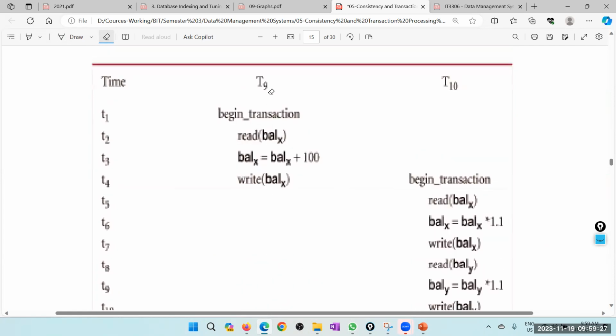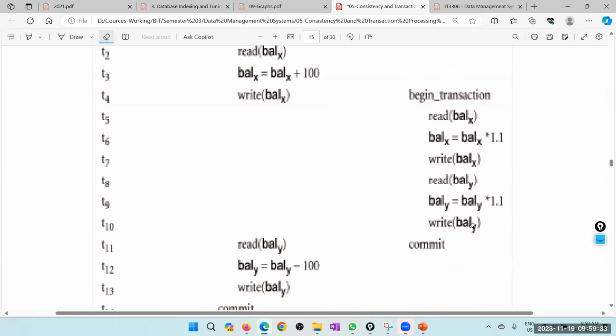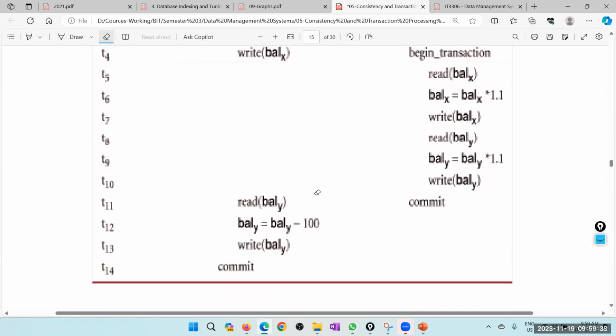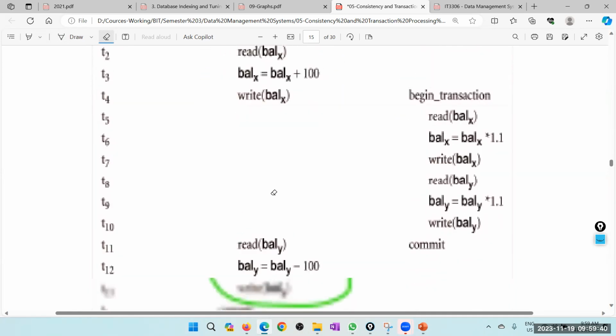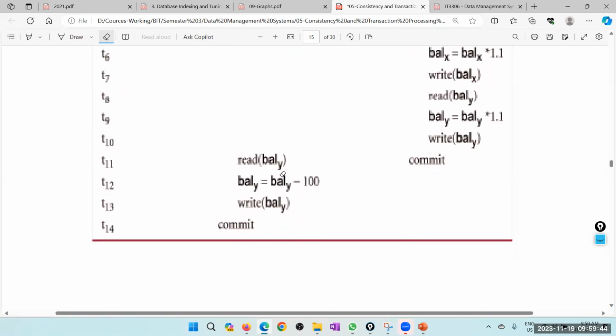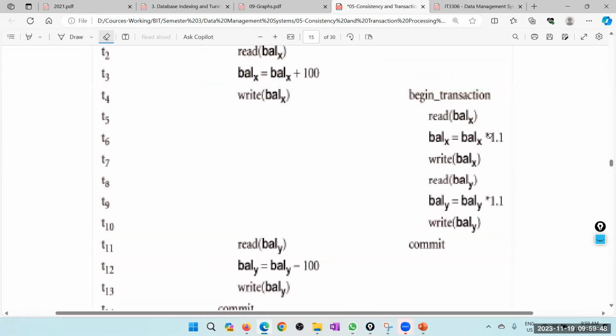And remember, the first transaction is working with X data, or X record, and Y data, because it adds 100 to X and reduces 100 from Y. This one, T10, makes a 10% add to X and 10% add to Y. So therefore, both transactions are working with both the data.